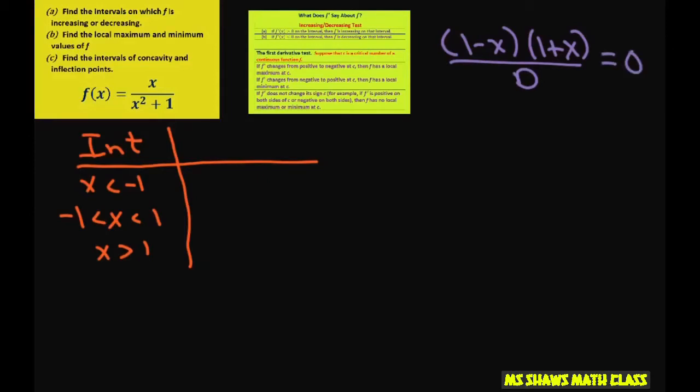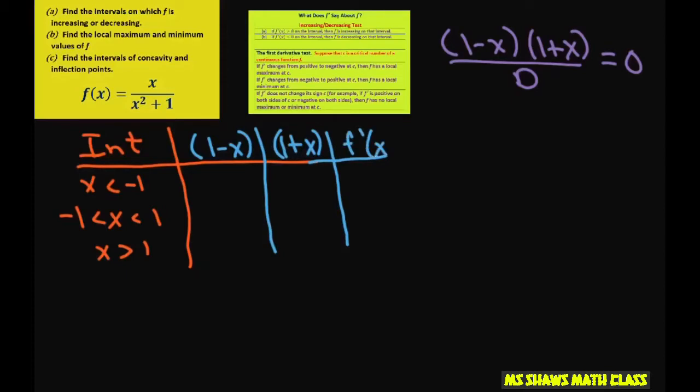So what I'm going to do is write these down, kind of extending it. We could do some of this in our head. And we see what's going on with our first derivative, and that's going to tell us about our graph of f.